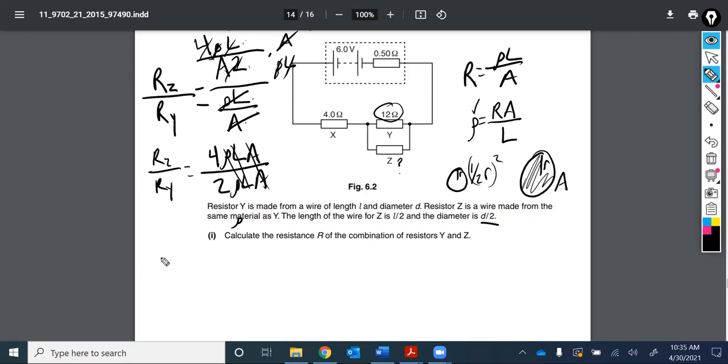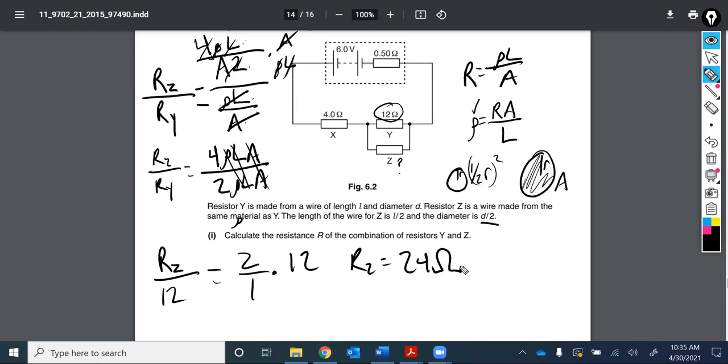Now I can say, what is the resistance of Z? I know the resistance of Y is 12, and I know their ratio is 2:1. Multiply both sides by 12, or you can say Z is twice the resistance of this. You can just think about it and go, the resistance of Z must be 24 ohms.